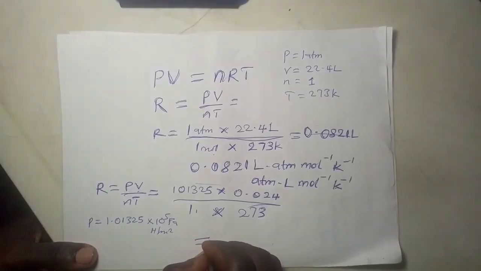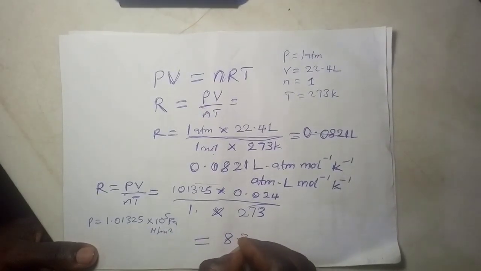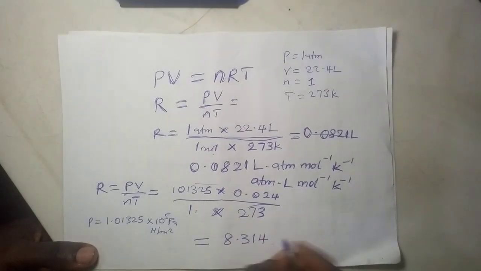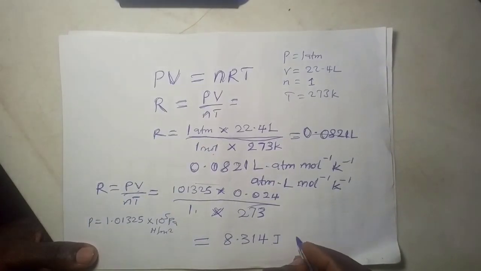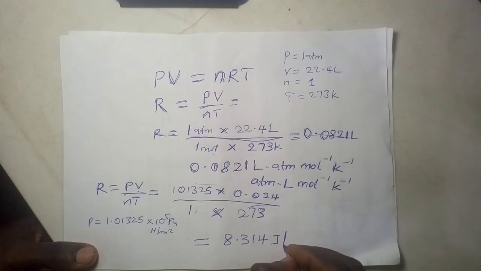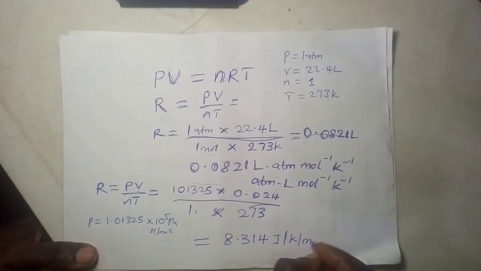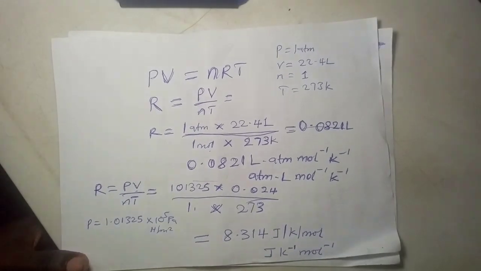If you solve this, you are going to have 8.314. It will be in joule per Kelvin per mole. Okay, I hope you understand.